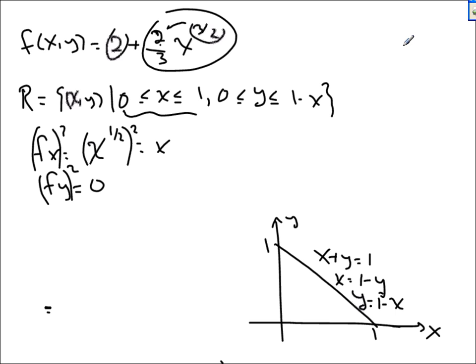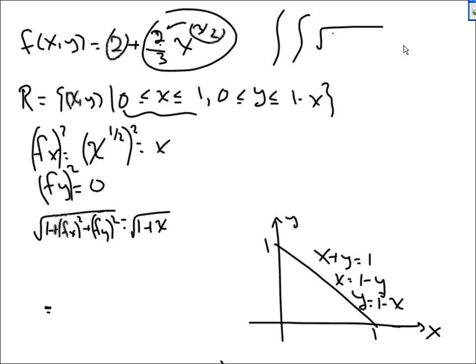So fy squared is also 0. So 1 plus fx squared plus fy squared is 1 plus x. Get the square root of 1 plus x. Okay. So it's going to be the double integral of the square root of 1 plus x dx dy.